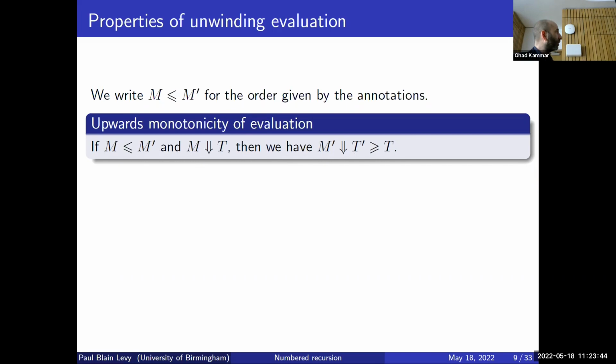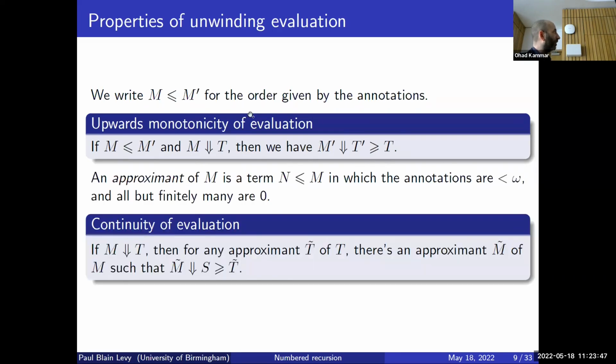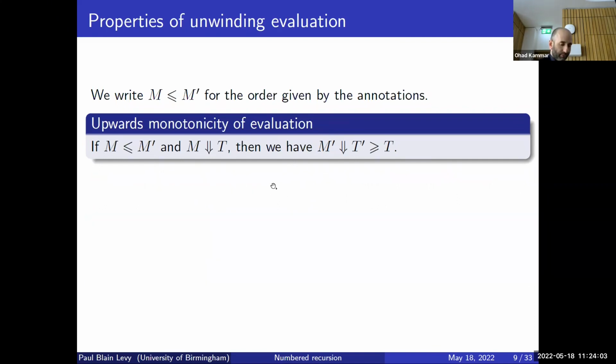We also have correspondingly a continuity statement. So I need to talk about approximants. An approximant of a term is a term which is less than or equal to it, and you're not allowed to have any omegas.